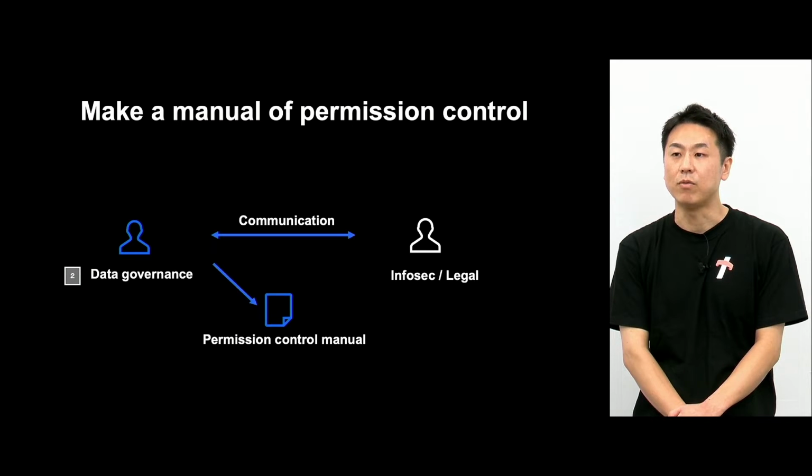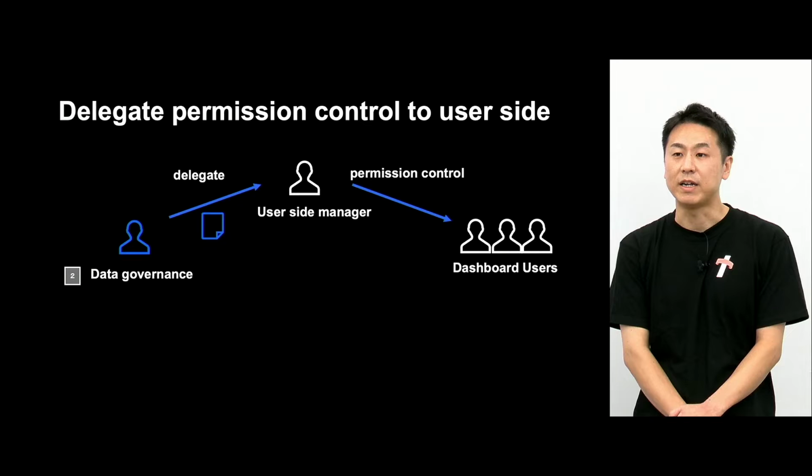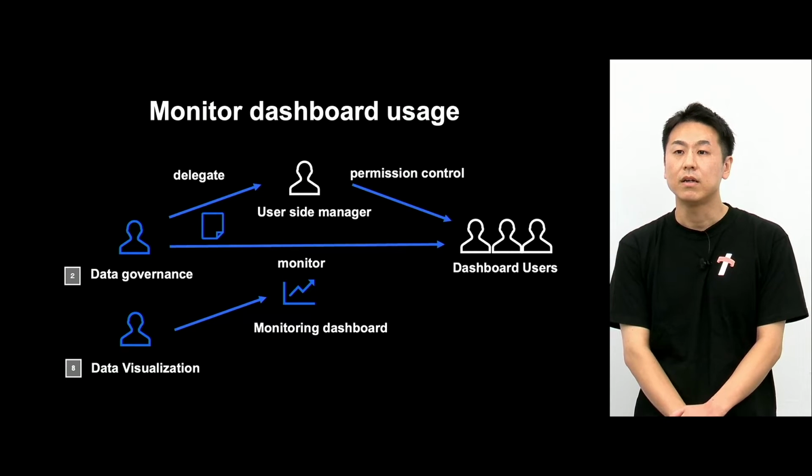Therefore, we decided to establish an authority management system that also involved the user side of the dashboard. Data governance will create an authorization management manual and delegate management authority to the user department manager. The user department is responsible for viewing the dashboard based on their own judgment and responsibility in accordance with the user department's manual.